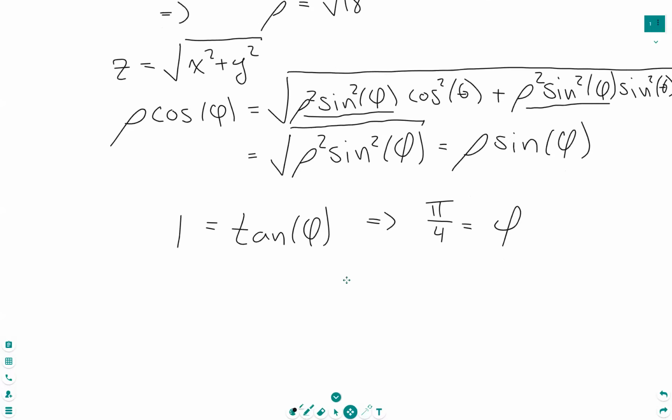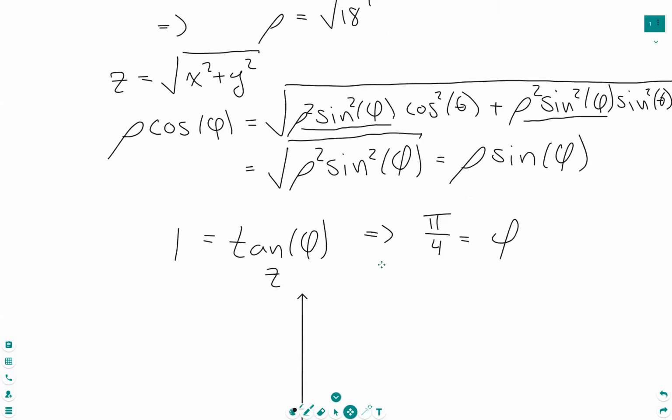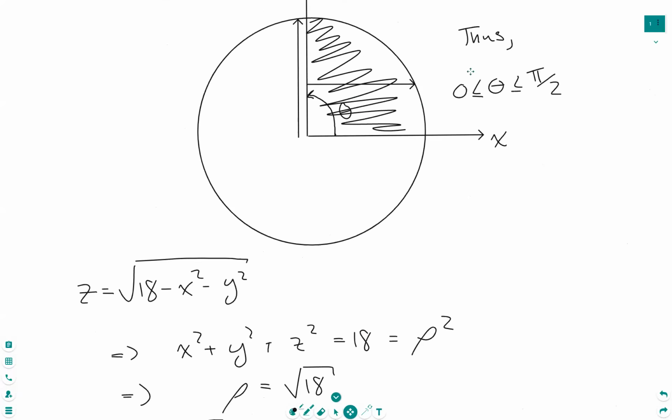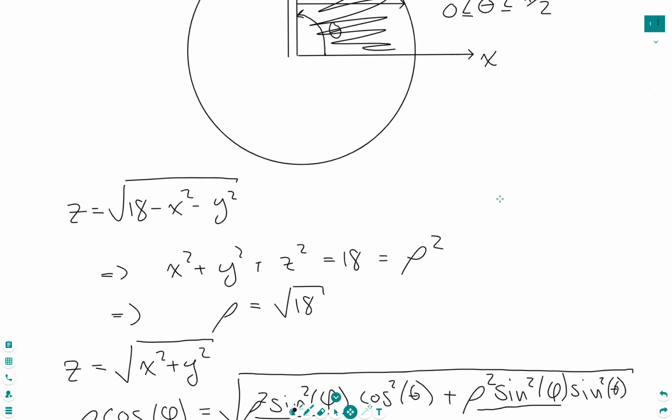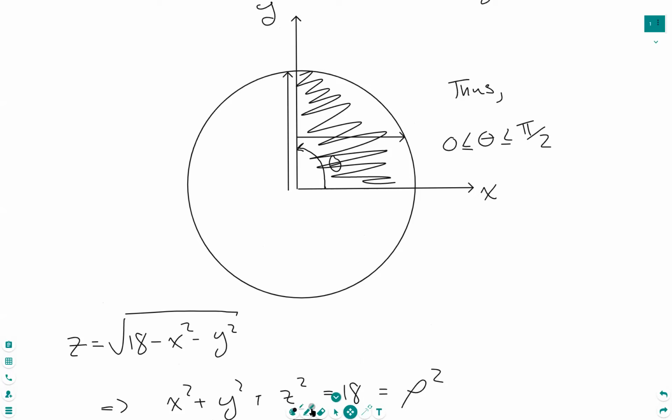Right? So what's going on here is maybe let's draw, this time we're going to do an R versus Z plot. Now remember, in the XY plane, our projection still looks like this. So we have to keep in mind that theta goes from 0 to pi over 2. But let's say we took a slice somewhere in the middle here.